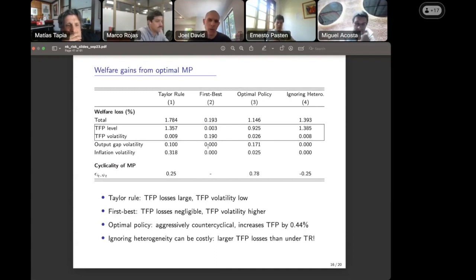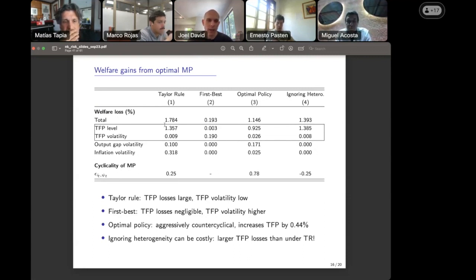I'm just using this as a benchmark to understand what the effects of heterogeneity and risk are. In the third column, I'm looking at welfare losses under optimal monetary policy. And in the fourth column, I'm looking at the welfare losses under optimal policy when the central bank ignores heterogeneity and sets optimal policy like it's living in a representative firm world.